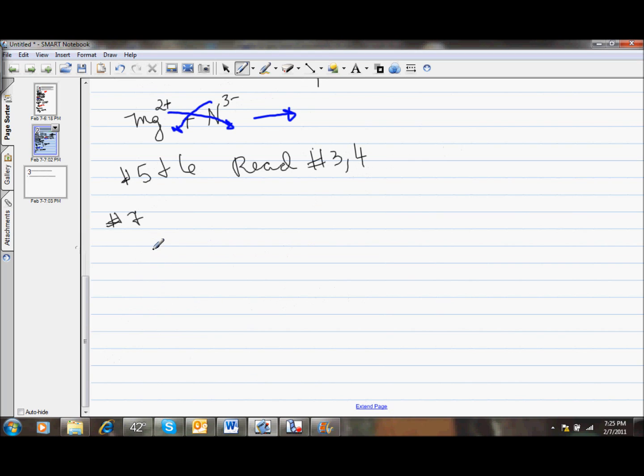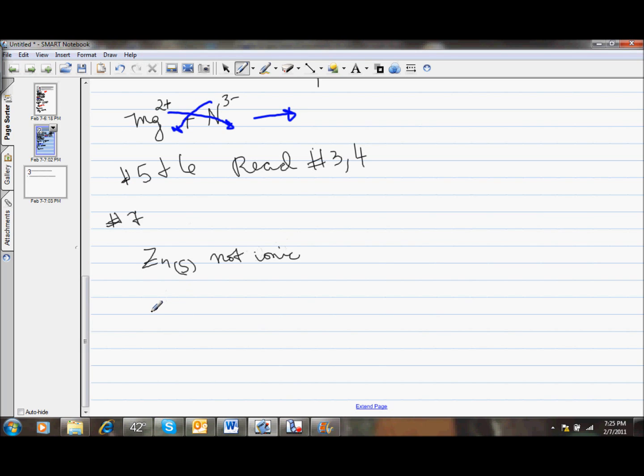Question number 7, when you have zinc solid, please remember that that zinc is in a solid. It's not aqueous solution, so it will not break down into ions. So it's not ionic. So you have to keep it as is on the reactant side.